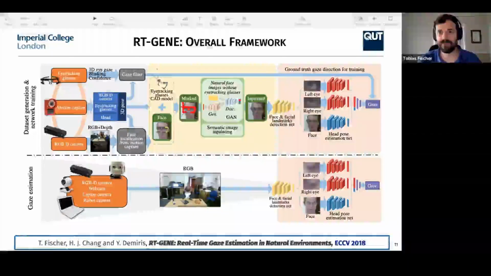And that image can come from various sources. It can be just a webcam on your camera, it can be a camera from a robot, or it can be a Kinect, or whatever you can imagine. And you can apply the network on these images, and it will provide you with the head pose and eye gaze.